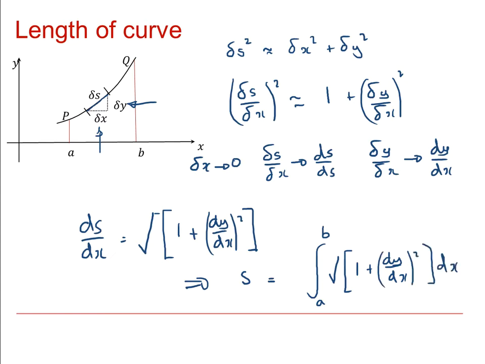So if we've got a function for y, then we can find its derivative dy by dx, substitute into this equation, and then calculate the integral of the resulting equation that we get from that. So let's have a look at that with a specific example then.